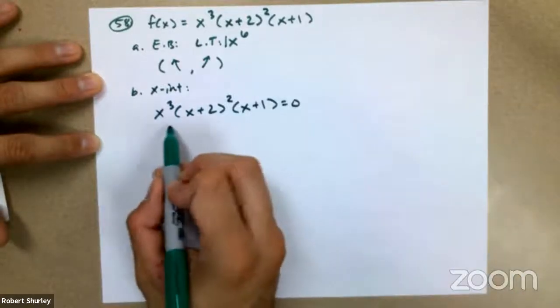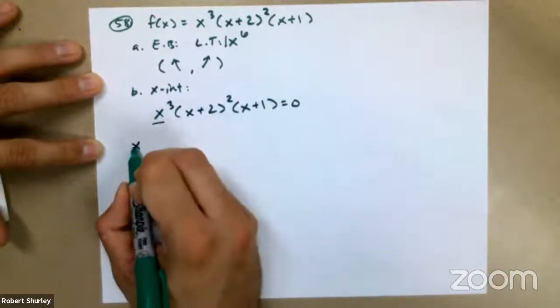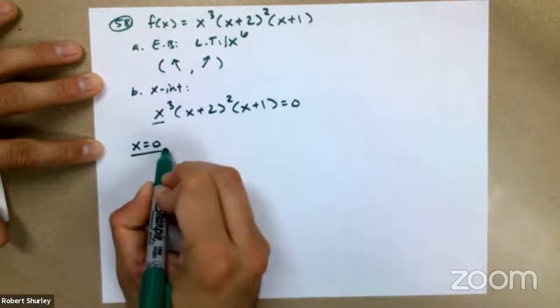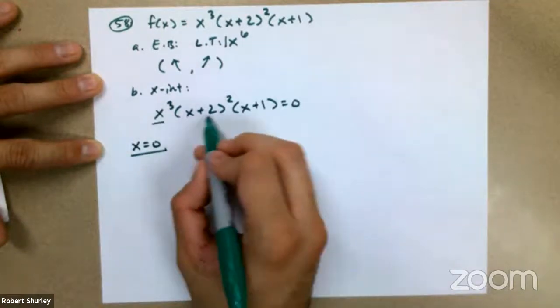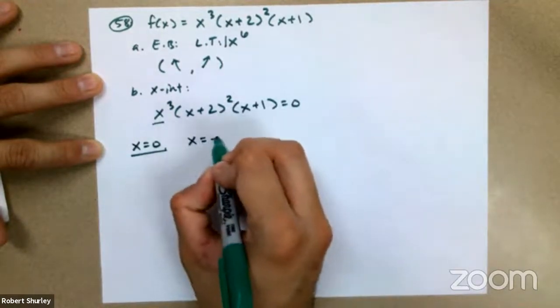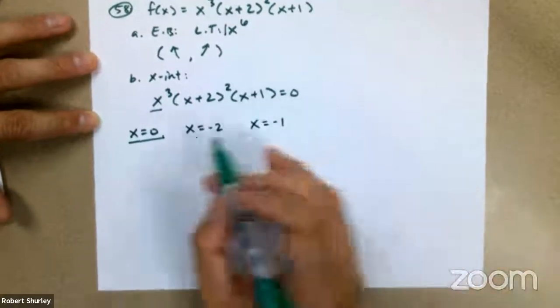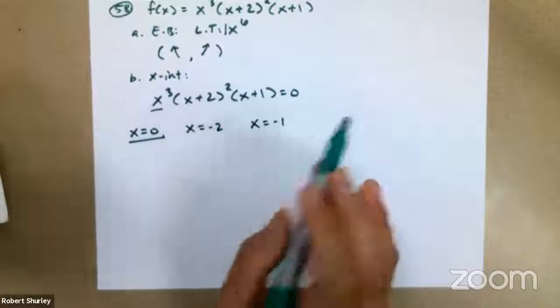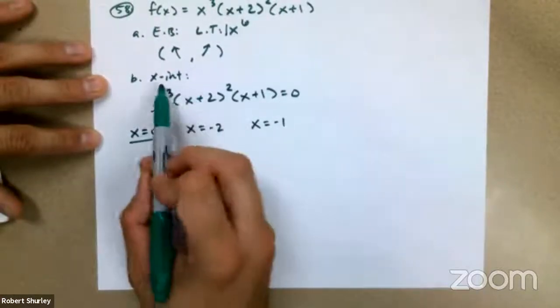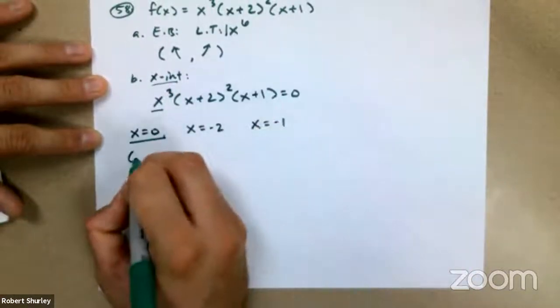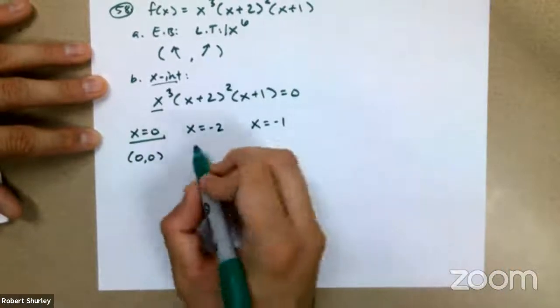And notice, look, x cubed equals 0. That would just be x equals 0. Oop, that's not going to be my solution though. X plus 2 equals 0. That means it's x equals -2. And x plus 1, that's x equals -1. Now look, I know this is a me thing, but because it's asking for intercepts and not zeros, we need to write these as a coordinate.